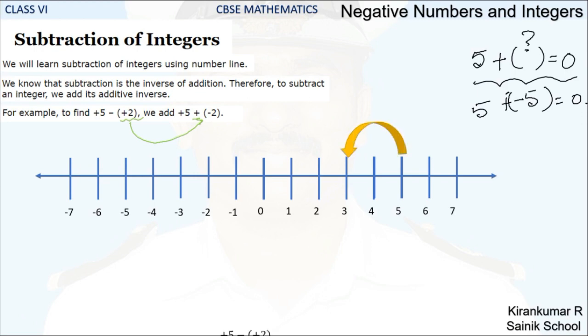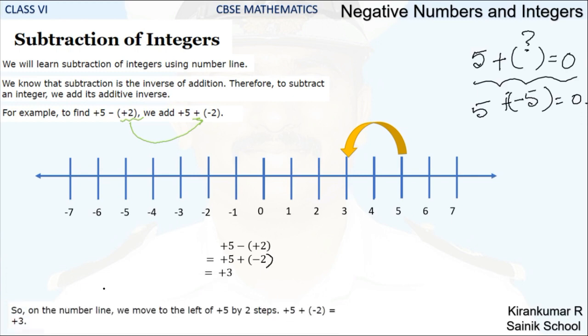Therefore, when positive 2 is subtracted from positive 5, instead of doing that, we add positive 5 and negative 2. Therefore, the result obtained is positive 3. So on the number line, we move to the left of positive 5 by 2 steps.